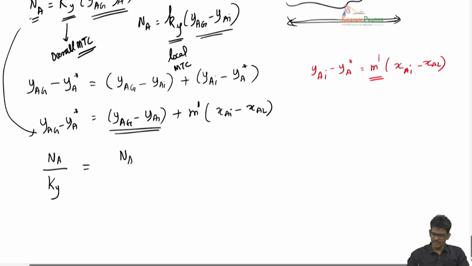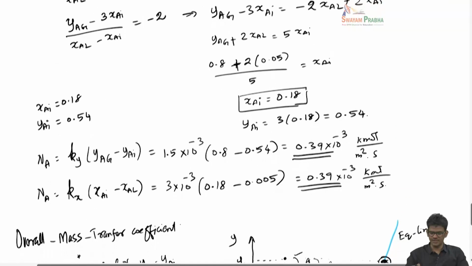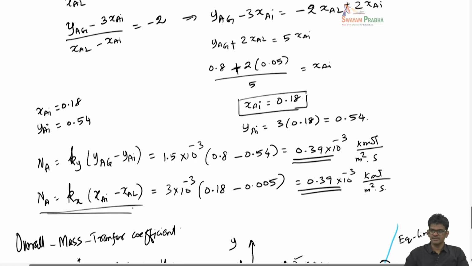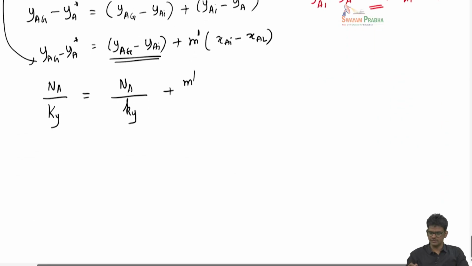This is also NA divided by small ky, plus m prime. What about this? Remember this equation? So this will be m prime divided by small kx times NA here.